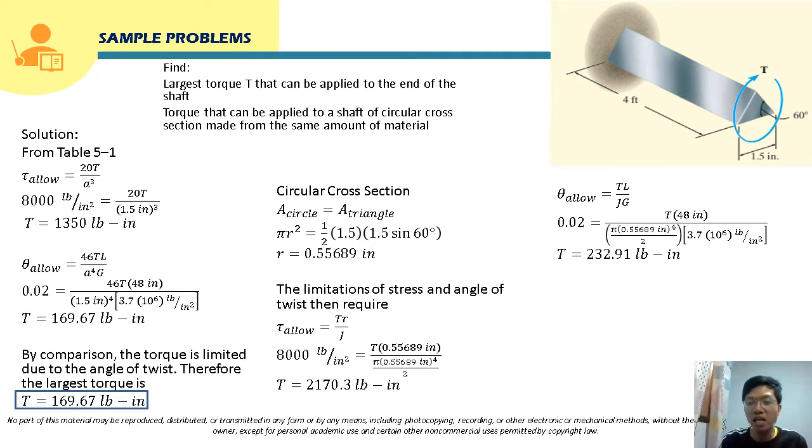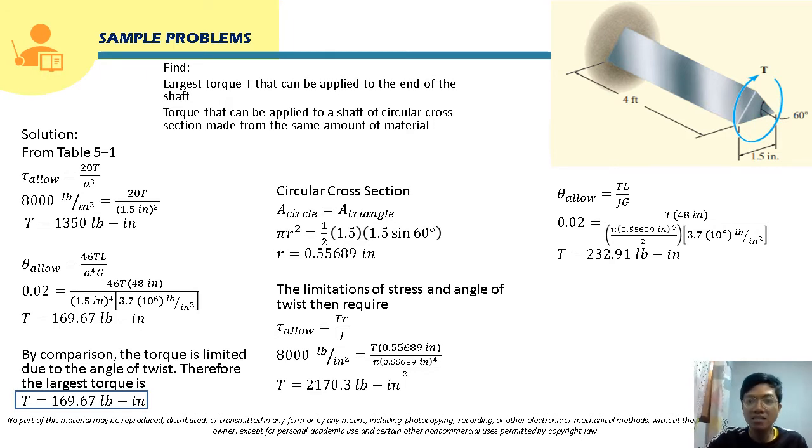Solving for the value of T, the torque, that is 232.91 pound inch. From here, now we are going to compare the computed values of T from the maximum shear stress and from the allowable angle of twist.